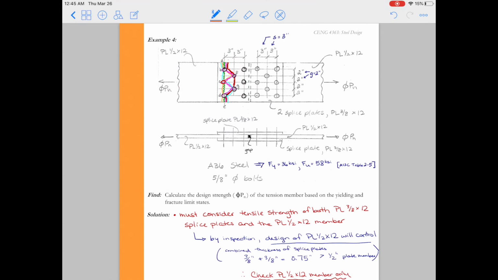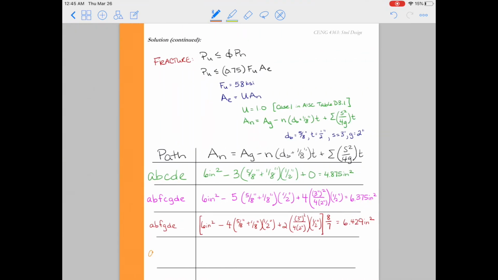Next, we're going to consider the orange path. The orange path goes ABFCDE. So coming across the width of the plate, we pass through 4 bolt holes.